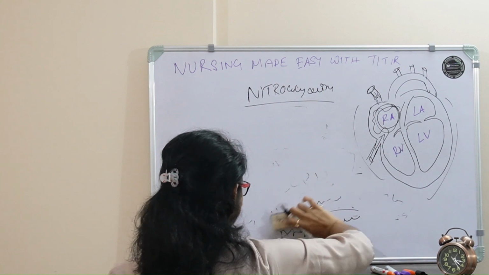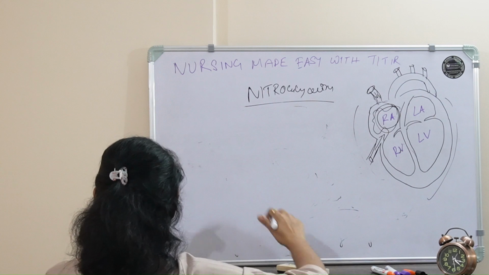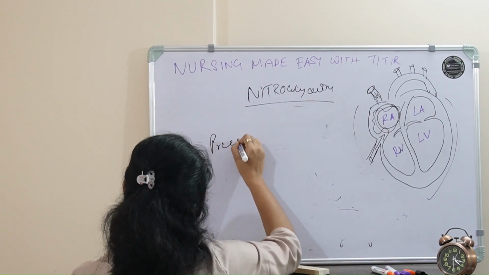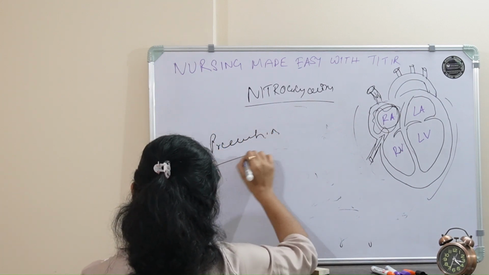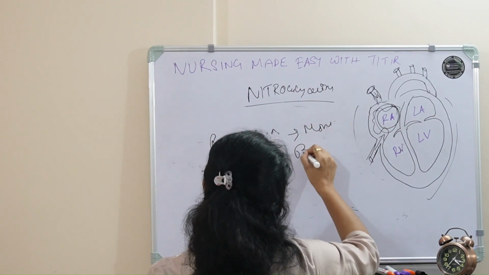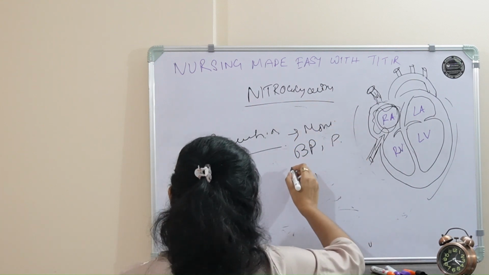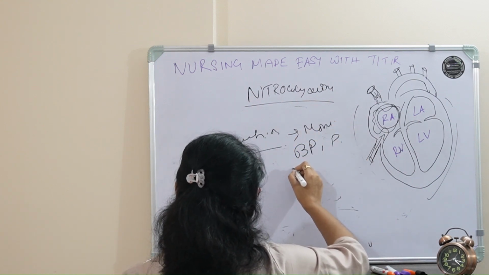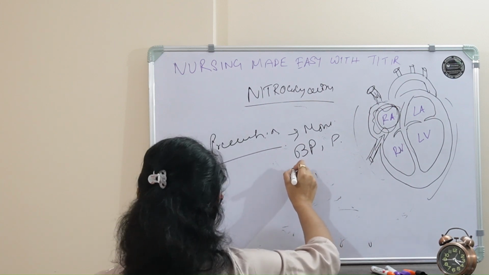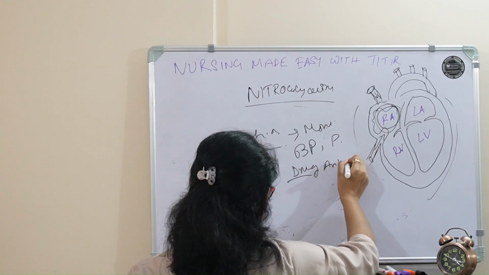And lastly, if we administer this drug, what things do we have to take care of? Like precautions, we have to monitor the blood pressure and pulse, and we can't mix this drug with other drugs like antihypertensive drugs.